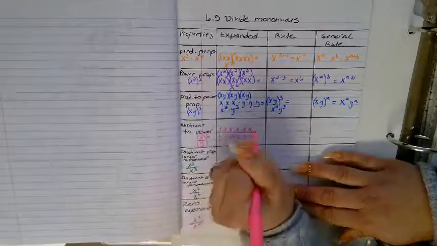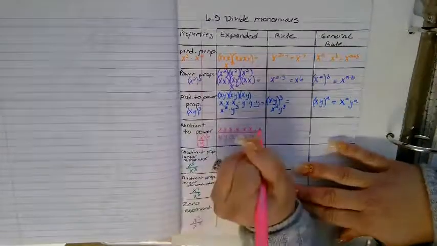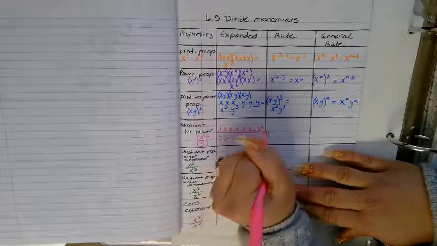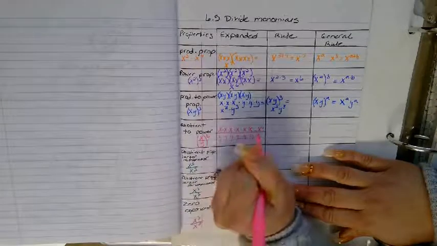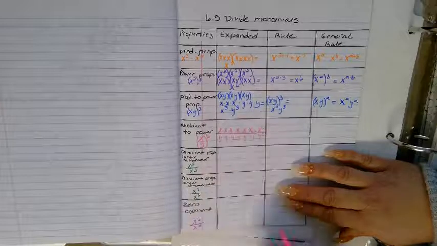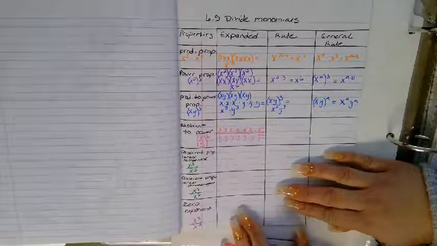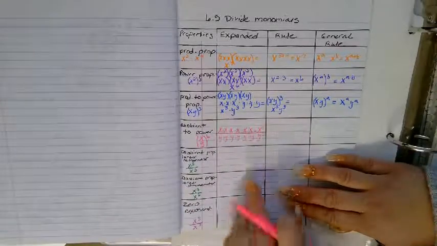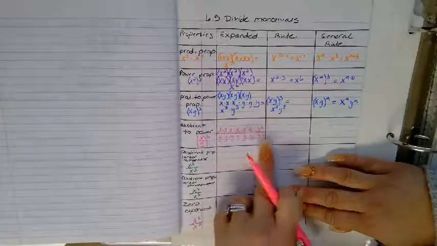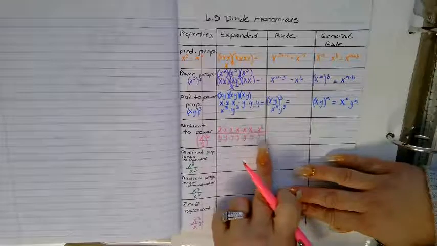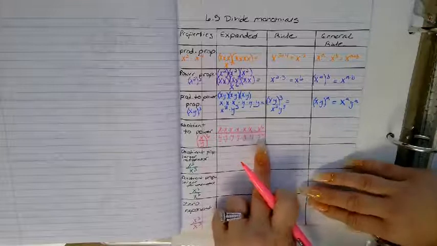I'm going to squeeze it over here. We can't really do anything other than just write it like that. We can't cross any of those out. You'll see what I mean by cross out in the next one. So that's it written out in expanded form. And then that would just be our answer if it was asking us for that.